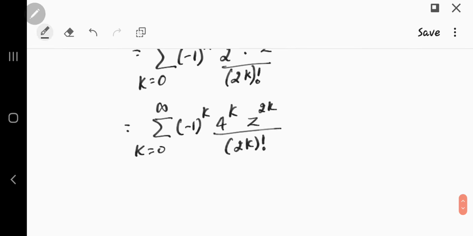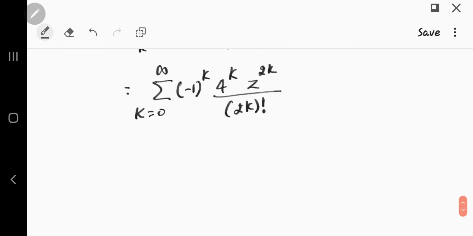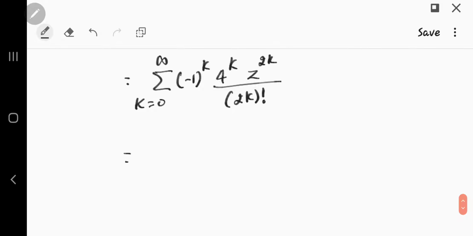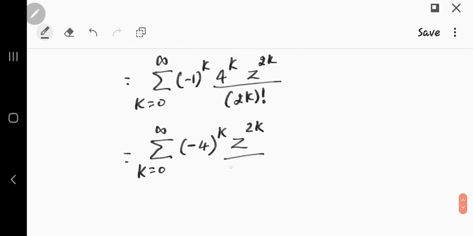Since we have minus 1, we don't make any further changes. 4 and minus 1 both have a similar power, so we can combine them. So 4 into minus 1 is minus 4 to the power of k, and z to the power of 2k divided by 2k factorial.